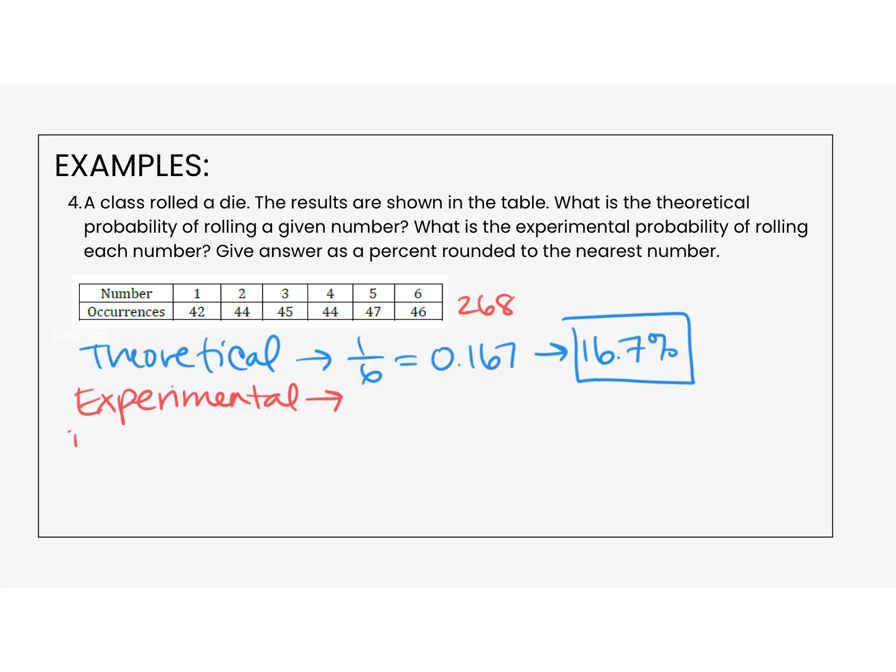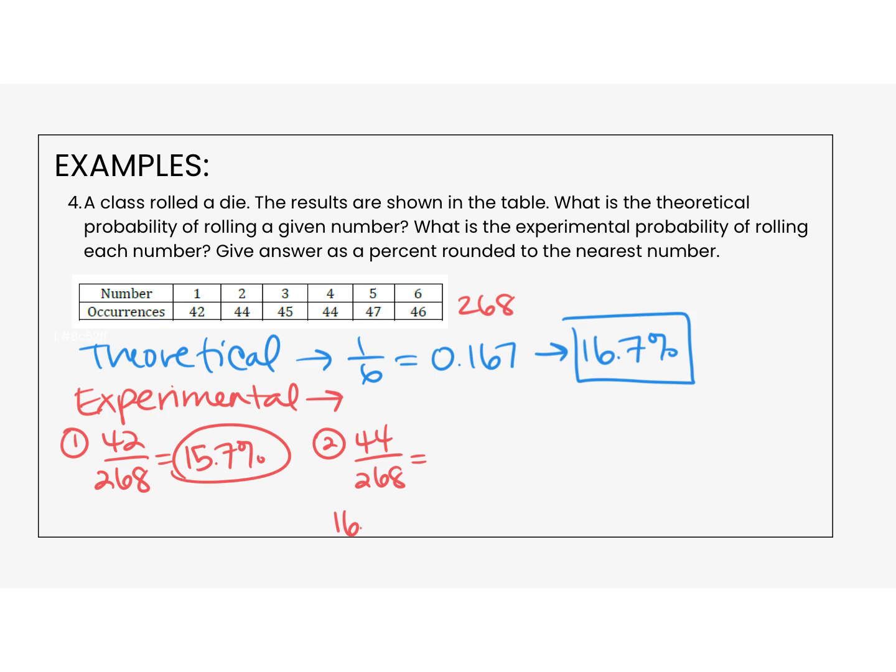So the experimental of rolling a 1 would be 42 out of 268, which would be 15.7%. 2 would be 44 out of 268, so that would be 16.4%. 3 would be 45 out of 268, which is 16.8%.